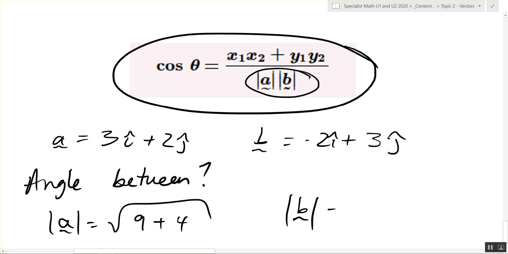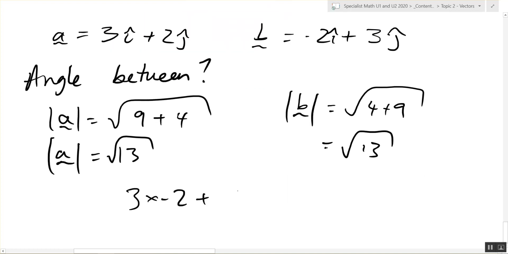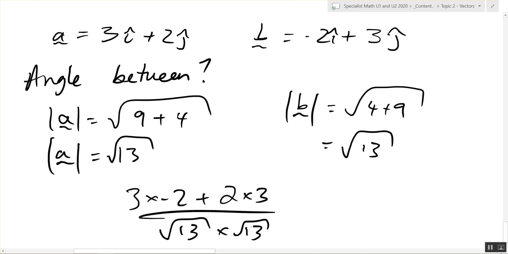B magnitude is the square root of 4 plus 9. The dot product is negative 2 plus 2 times 3, over square root 13. Cos theta is negative 6 plus 6, 0.